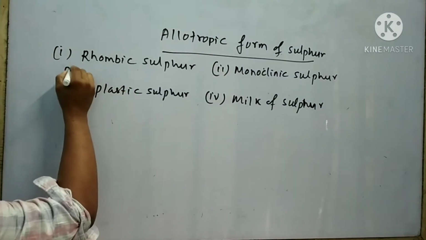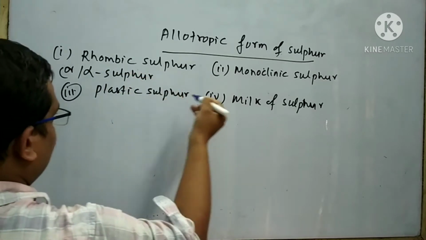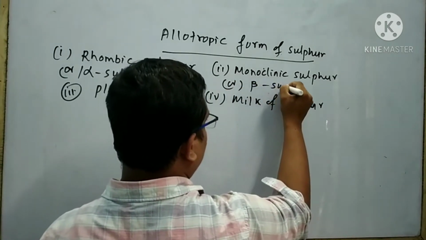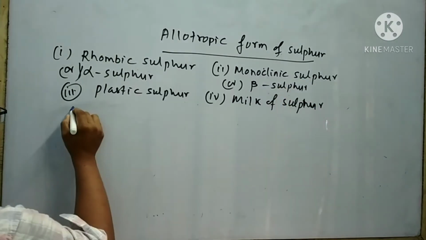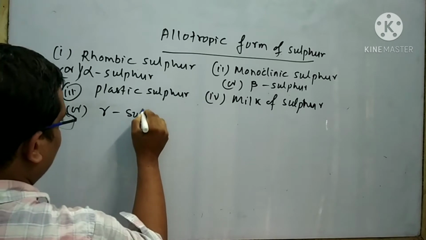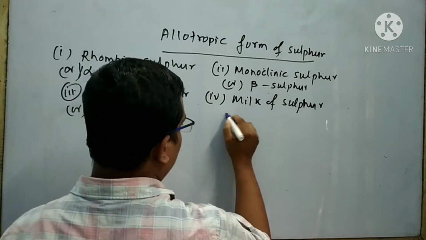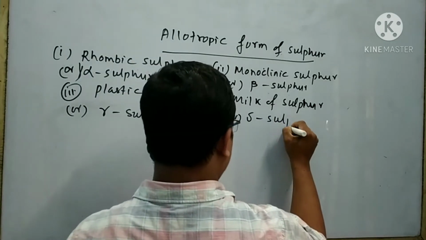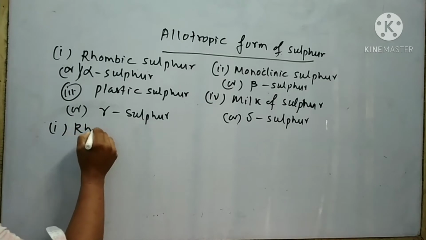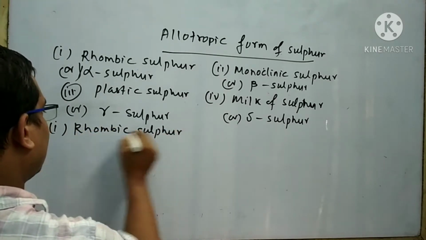Rhombic sulfur is also called alpha sulfur. Monoclinic sulfur is also called beta sulfur. Plastic sulfur is also called gamma sulfur. Milk of sulfur is also called delta sulfur. At first I will discuss rhombic sulfur.